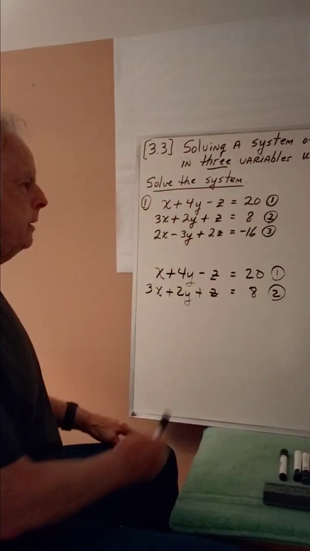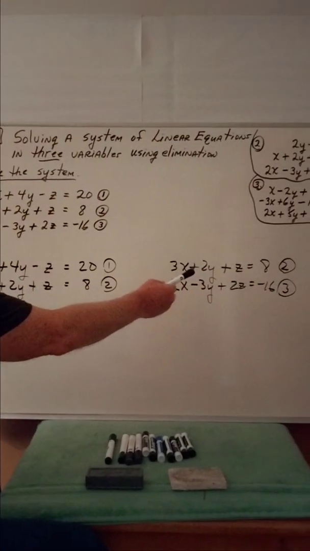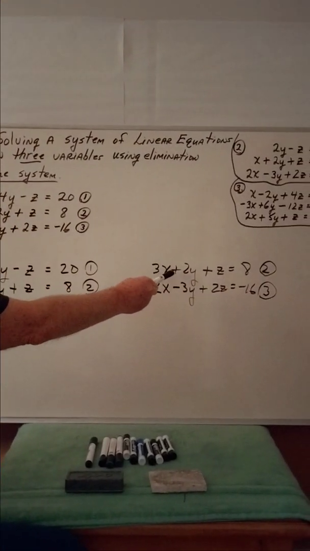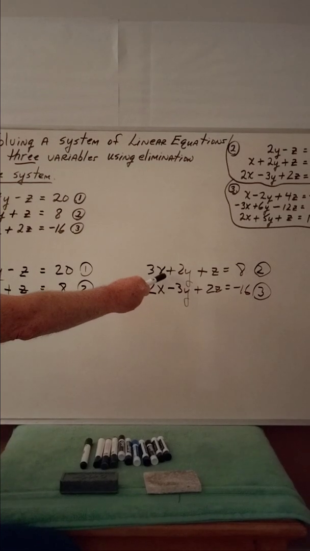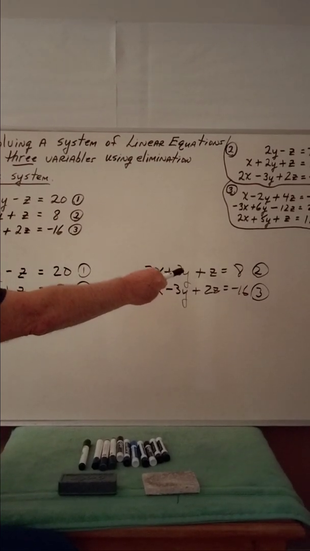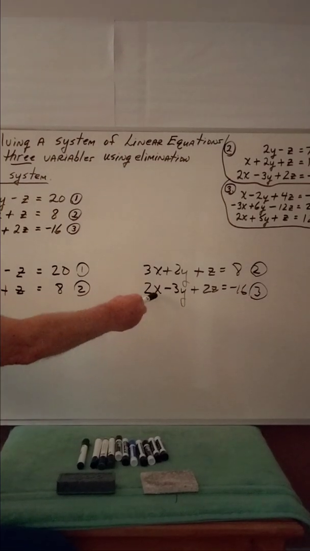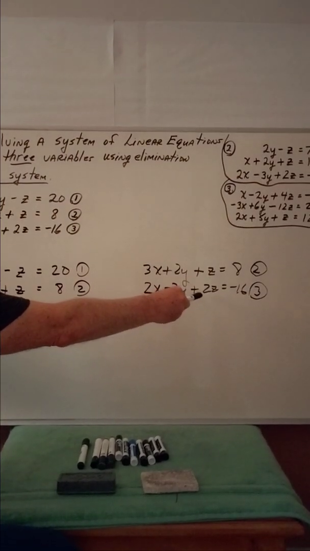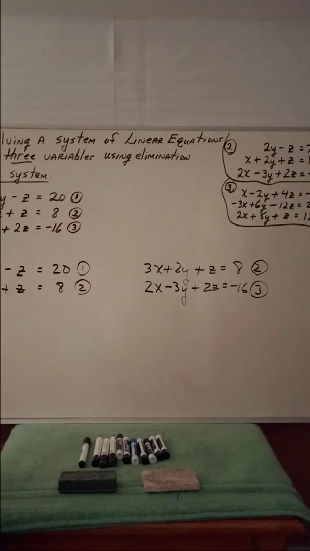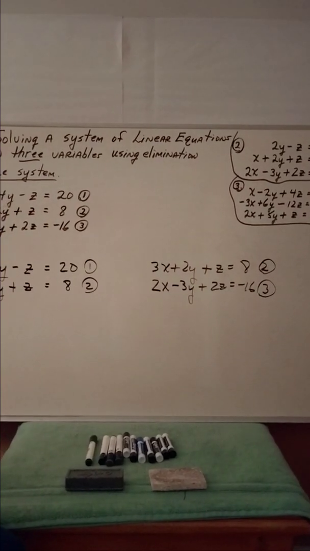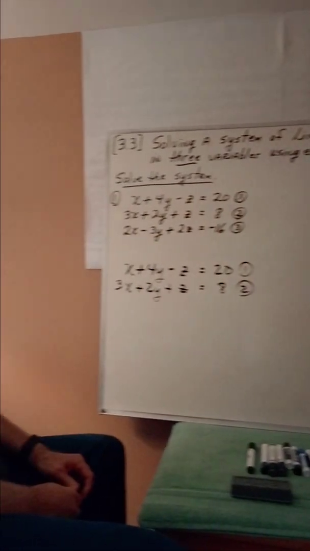That looks good. This second pair, equations 2 and 3. Equation 2, 3x plus 2y plus z is equal to 8. And equation 3, 2x minus 3y plus 2z is equal to negative 16. Both pairs of equations look good.